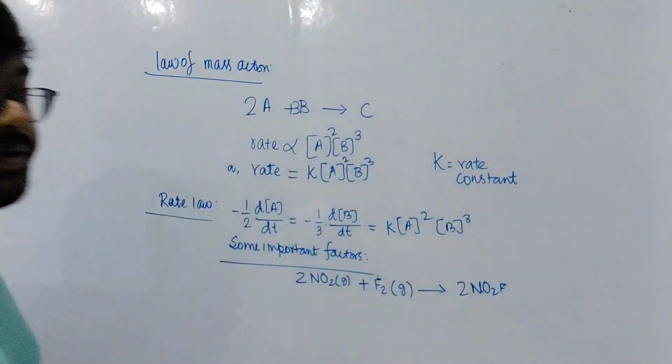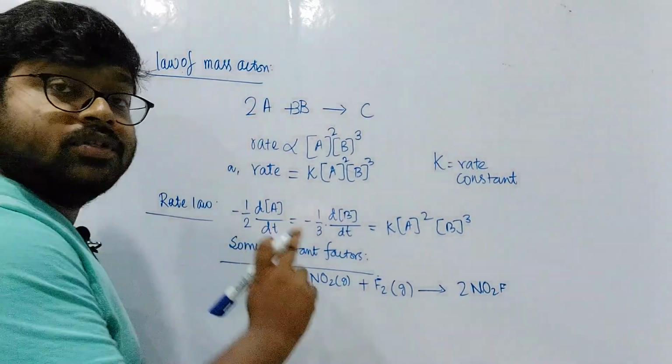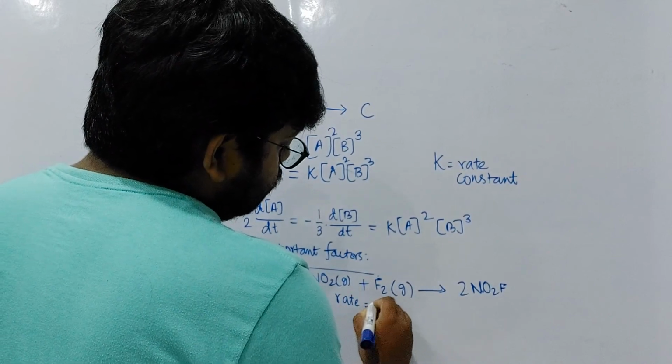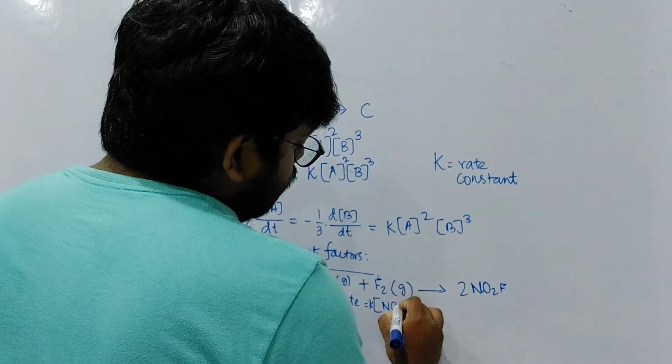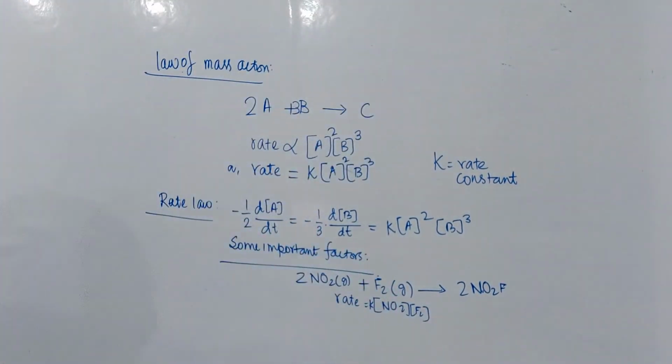Okay, this is the chemical reaction. Now the experimental reaction rate of this reaction is something like this: rate is equal to some constant times the concentration of NO2 times the concentration of F2. You will not write the stoichiometry as a power. This you need to understand.